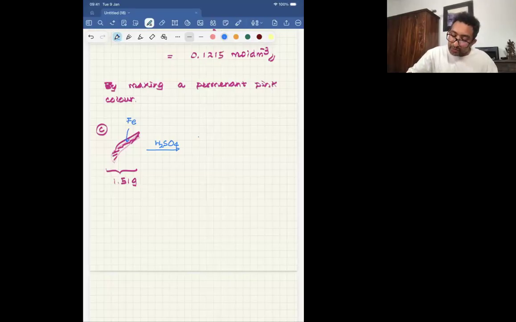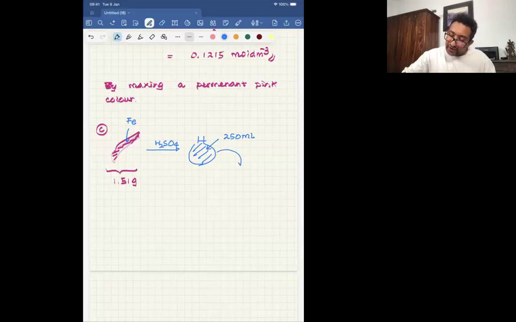And the solution was made up to 250 milliliters. Draw up a diagram. Whenever you draw these diagrams, you understand the question better. So 250 milliliters, standard graduated flask.